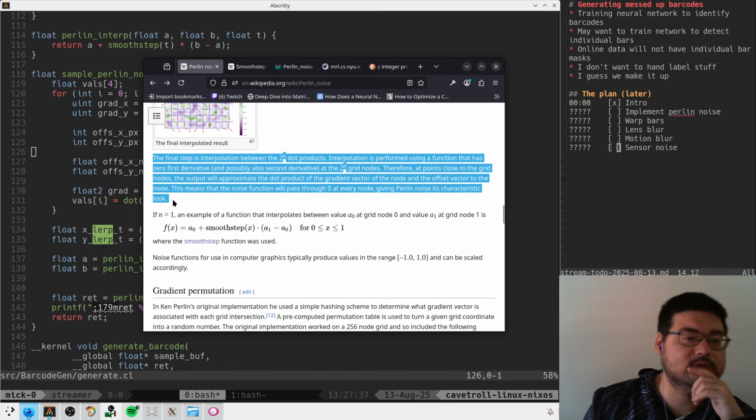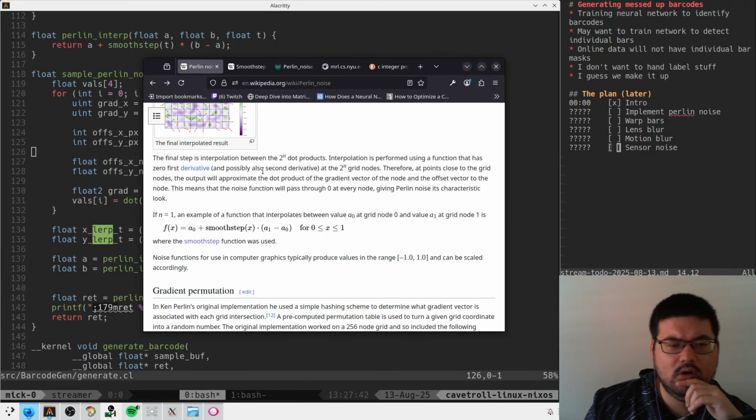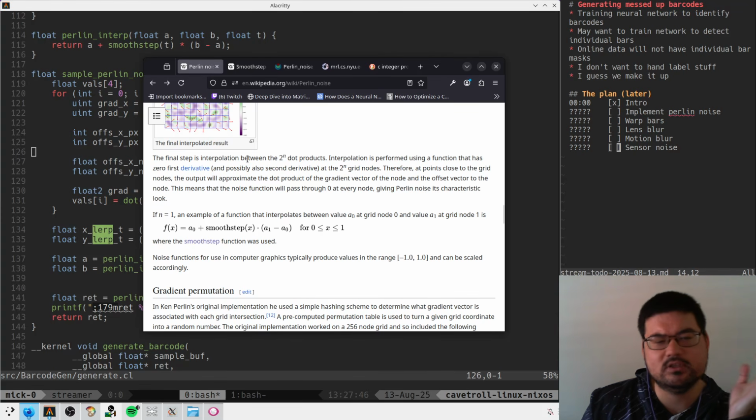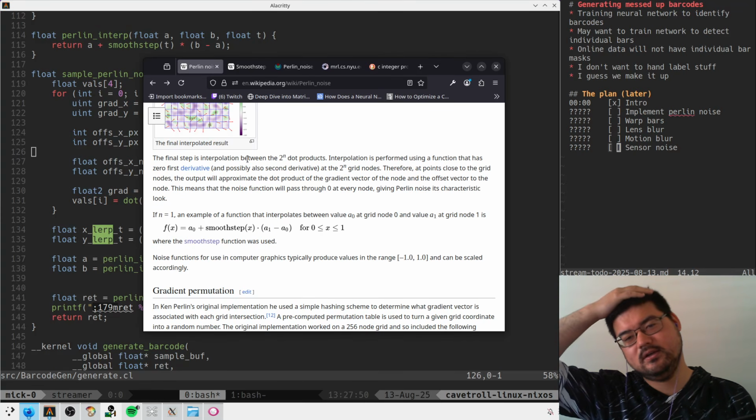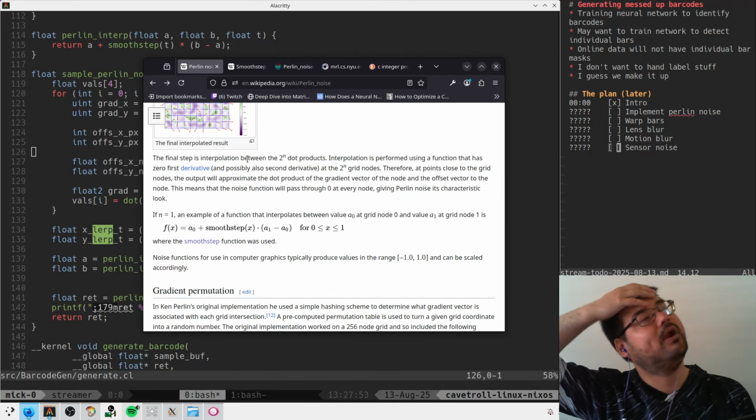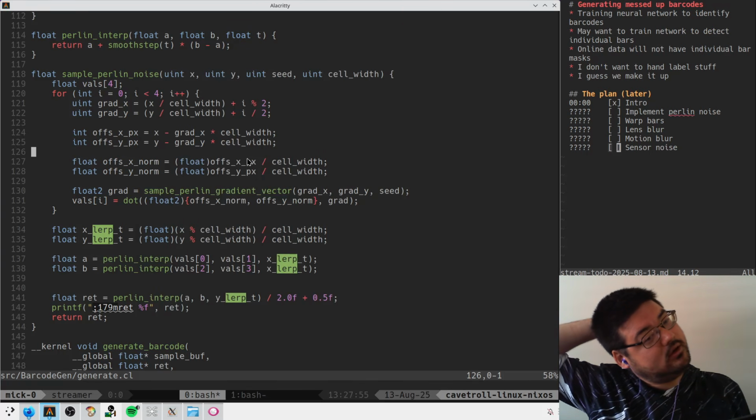This is kind of what I was confused about. This is what I was expecting, right? So the final step, but this is not true if we're adding in all of the other guys. Oh, but I guess we're interpolating, right?